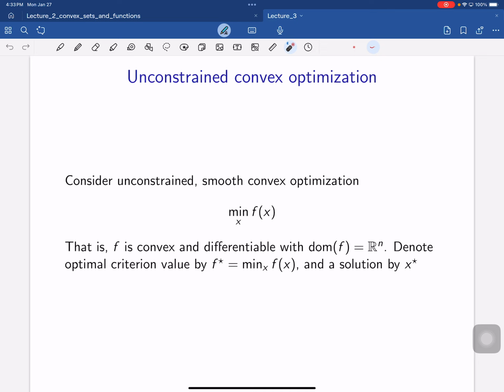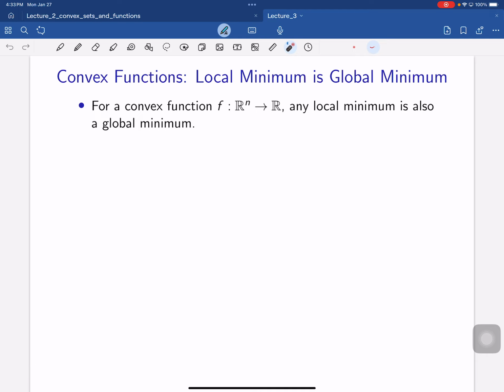Okay, so first of all, let's prove an important property. We already alluded to it in the previous lecture, but we did not give a rigorous proof. To motivate the introduction of convex functions, we said one important property of convex functions is that any local minimum is global minimum.